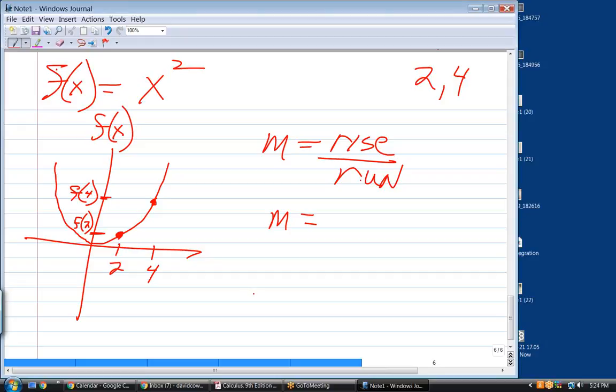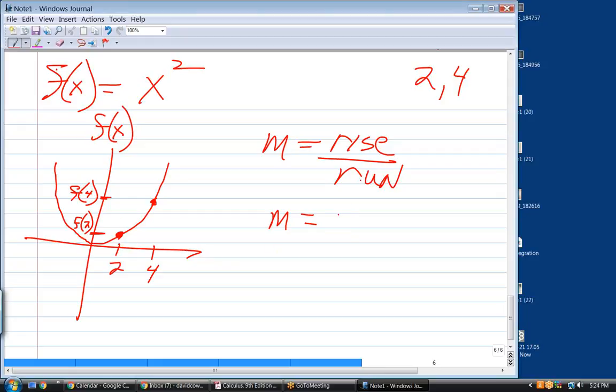That's the rise. And the run was x plus h minus x, or just h. This terminology you want to get really comfortable with.